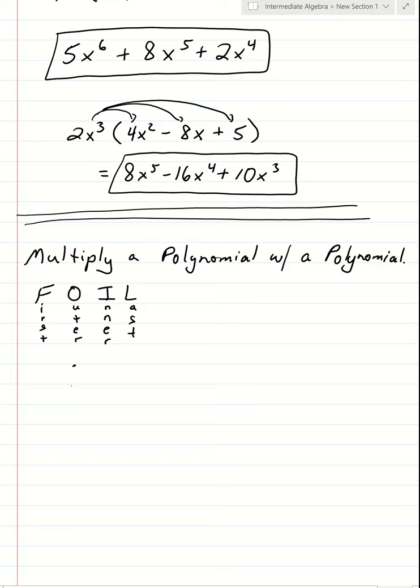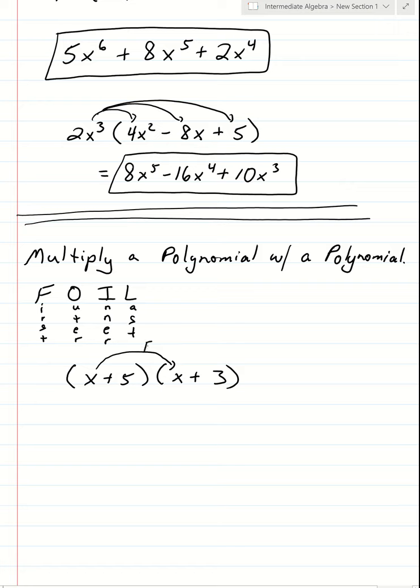For example, let's multiply x plus 5 times x plus 3. Okay? Now, when we are multiplying here, we're multiplying a polynomial with another polynomial. Basically, what you're going to do is multiply the x with the x.